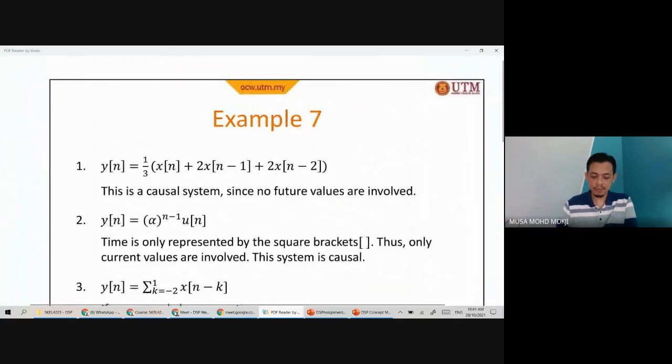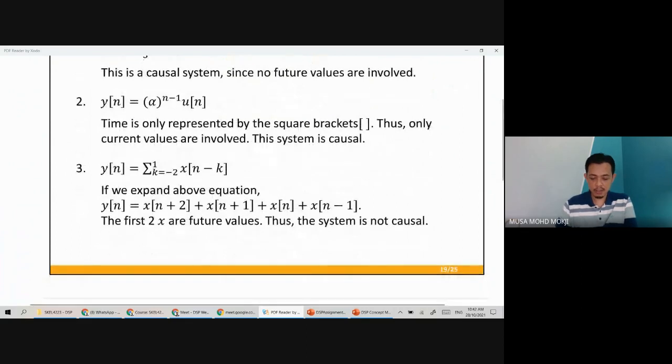For example, this one is the current value or current time, because we are referring to it at n. And this one is a past value, because this is n minus something, which is n minus 1 here. And this is also a past value. If we look at this other example, we have x[n plus 2].